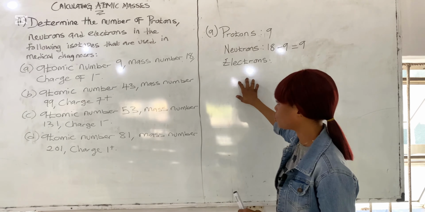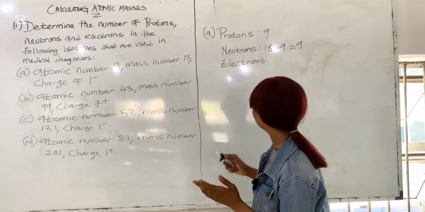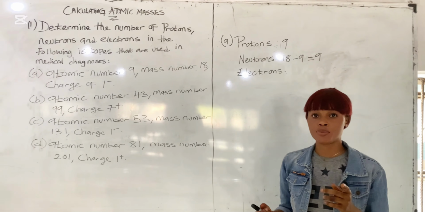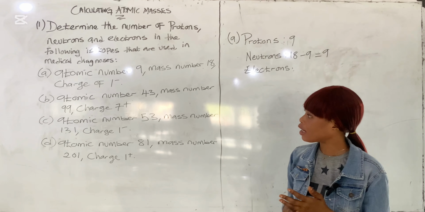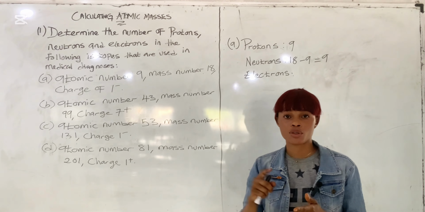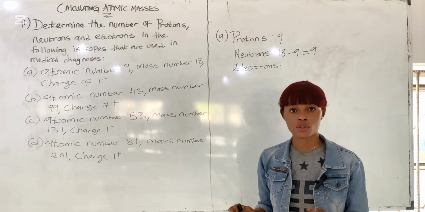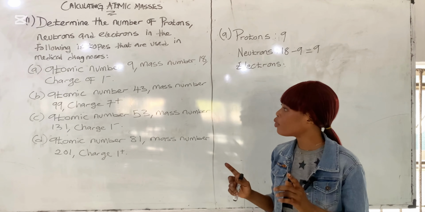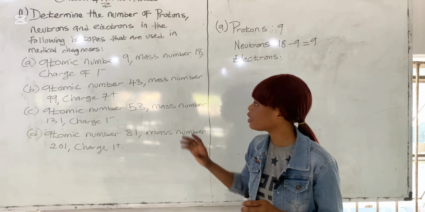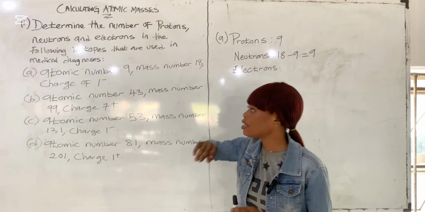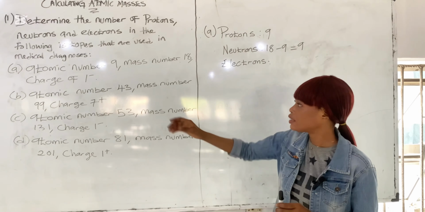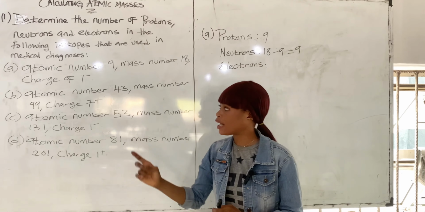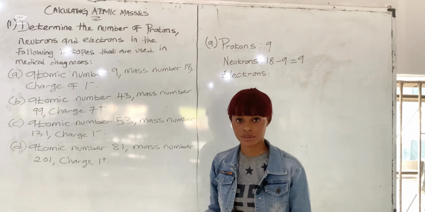Then for our number of electrons, like I said, electrons carry a negative charge. One thing you must realize is that electron number, proton number, and atomic number are the same. But that is only when the element does not carry a charge. Now, if the element carries a charge, in this case a negative charge of -1, you will add that charge to the number of protons.